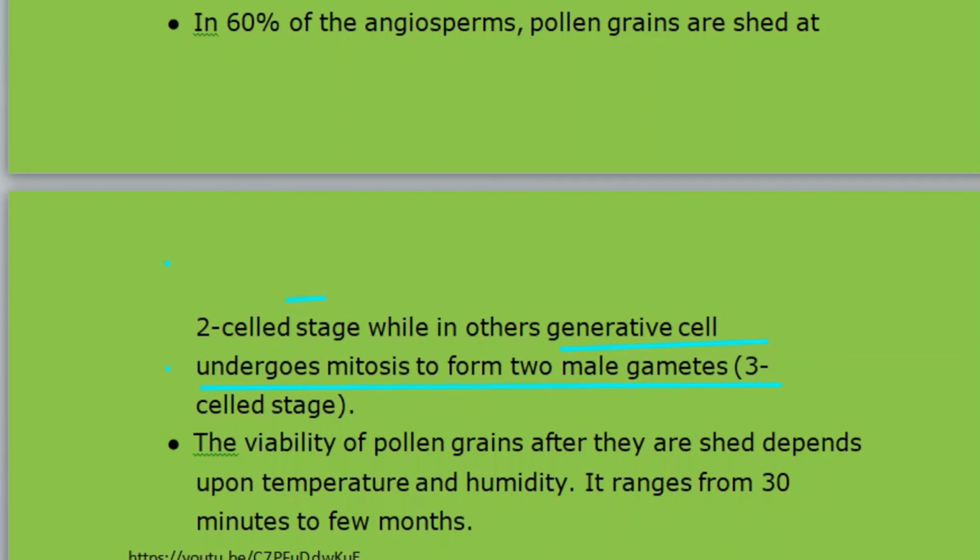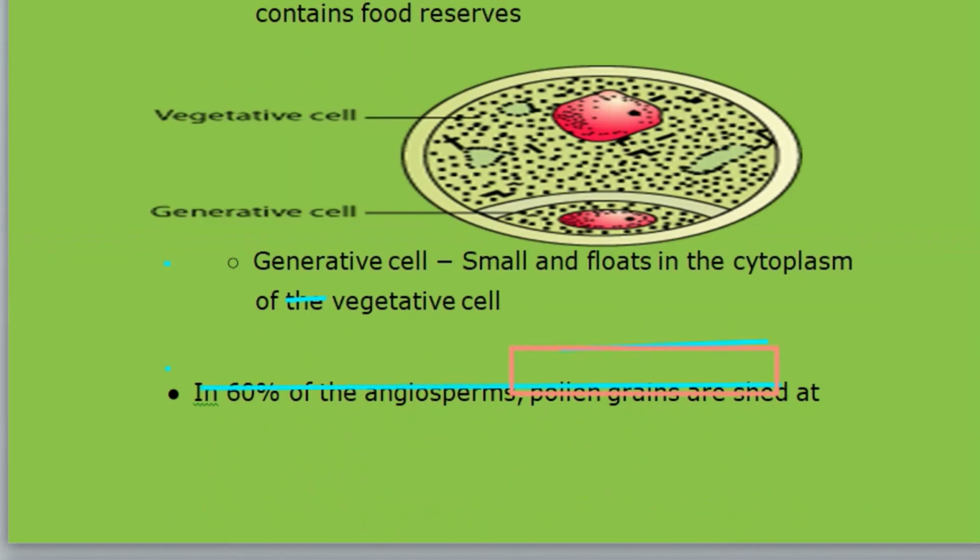The generative cell divides and forms 2 male gametes. This is the formation of male gametes, after division of the generative cell. So pollen grain is not a male gamete.